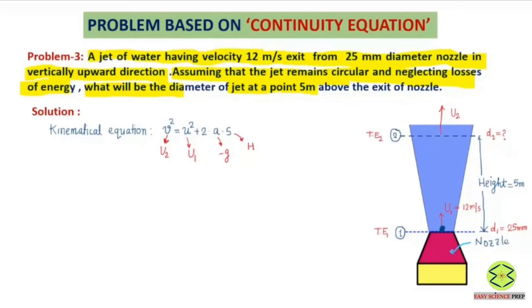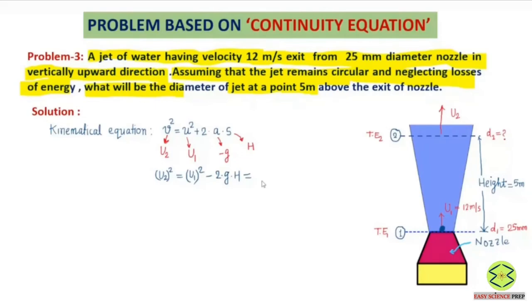So when the particle goes from section 1 to section 2, we can write down the kinematical equation as u2 square equals u1 square minus 2 gh. Here g is the gravitational acceleration and minus is because the gravitational acceleration is acting in the downward direction.